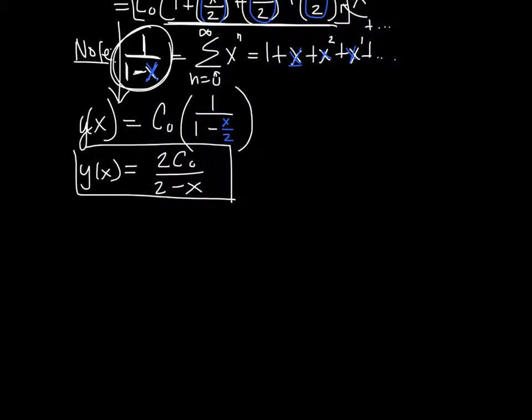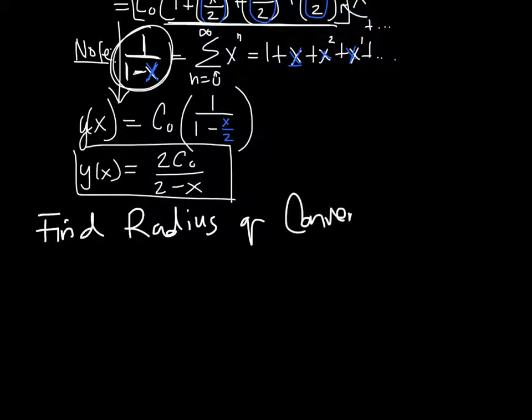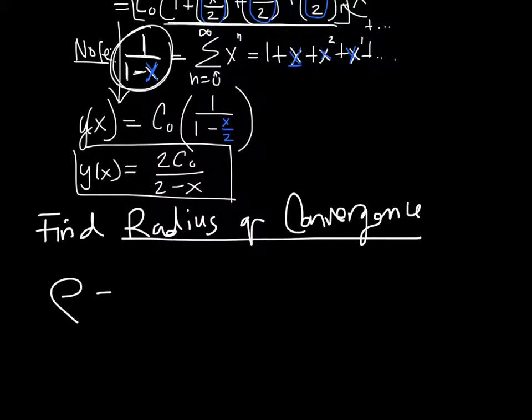So the next part is finding the radius of convergence. From your book, rho is equal to, assuming the limit exists, the limit as n approaches infinity of the absolute value of cn over cn plus 1.